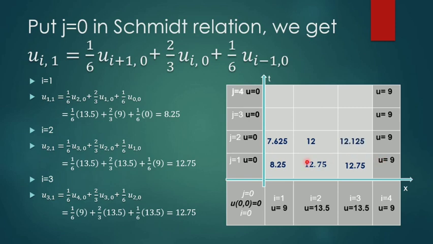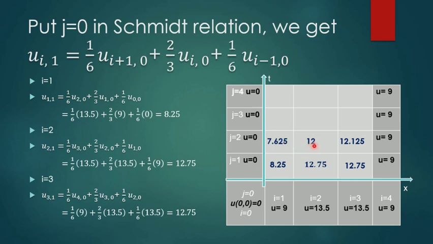So after filling the second row, you will find the value of u in the third row. When you are speaking of the third row, you are going from down to upwards. So this value of u is obtained from these three values, u is equal to 0, u is equal to 7.625 and 12.